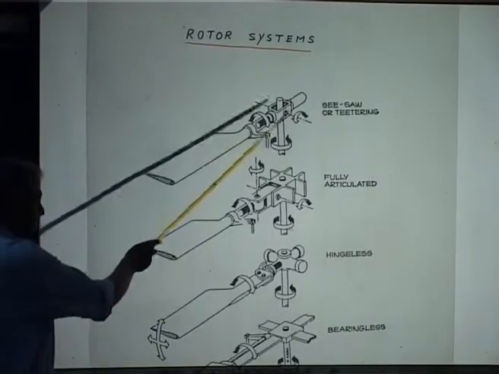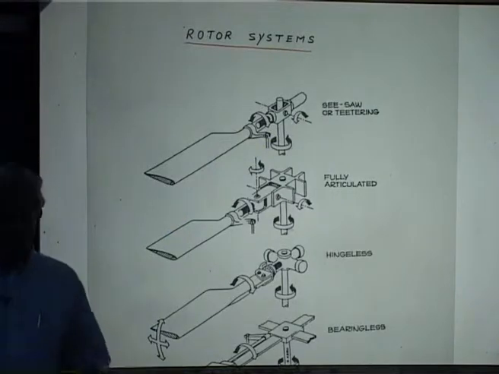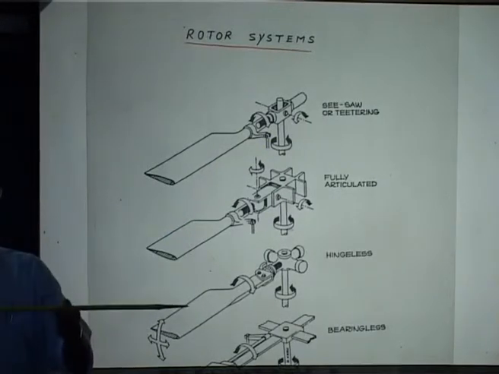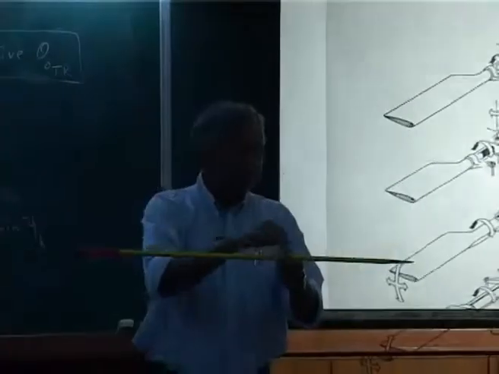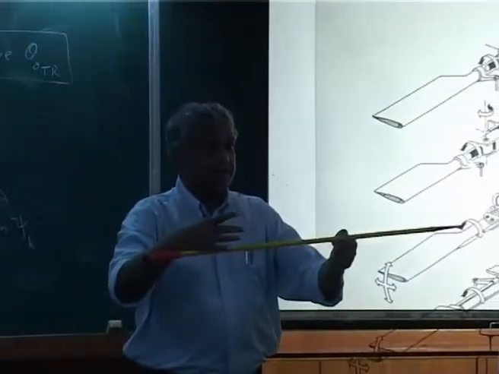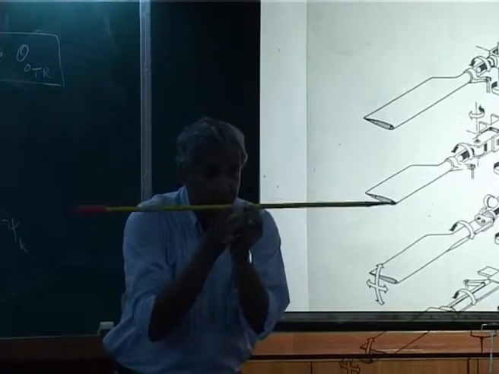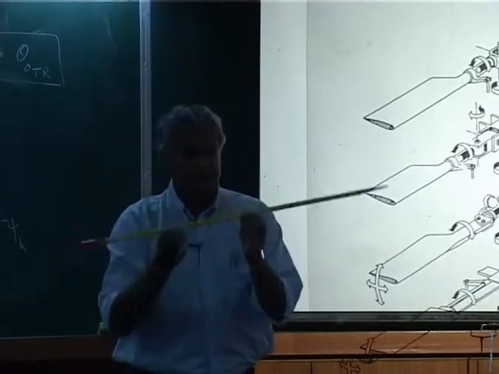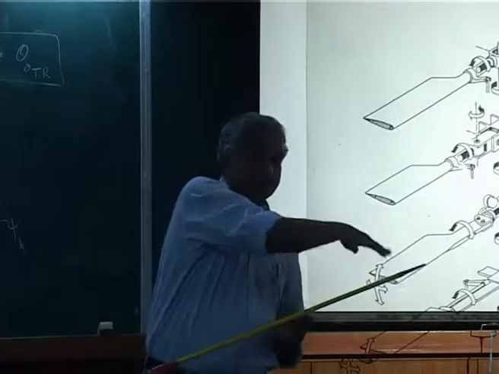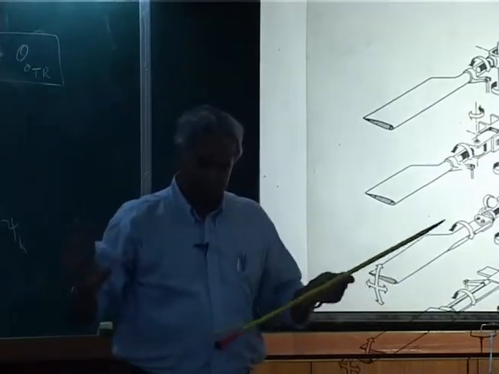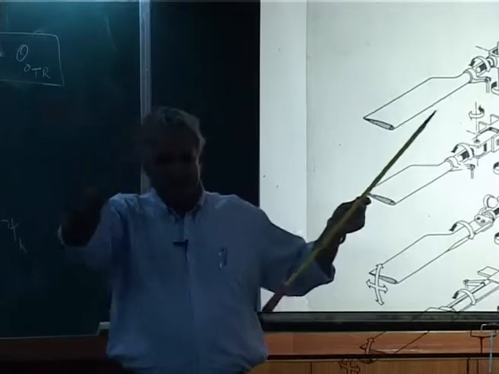This 2-bladed is seesaw. What is happening is, one blade here, another blade here, it is one unit. You hinge it at the center. So, the hinge is like a seesaw. If one blade goes up, the other blade goes down.